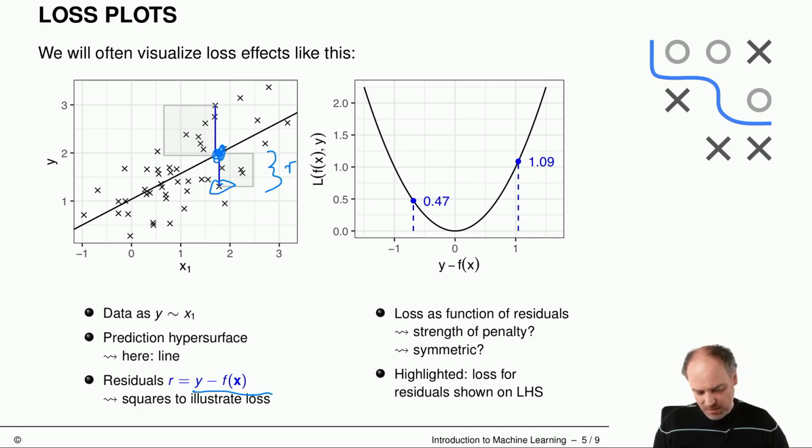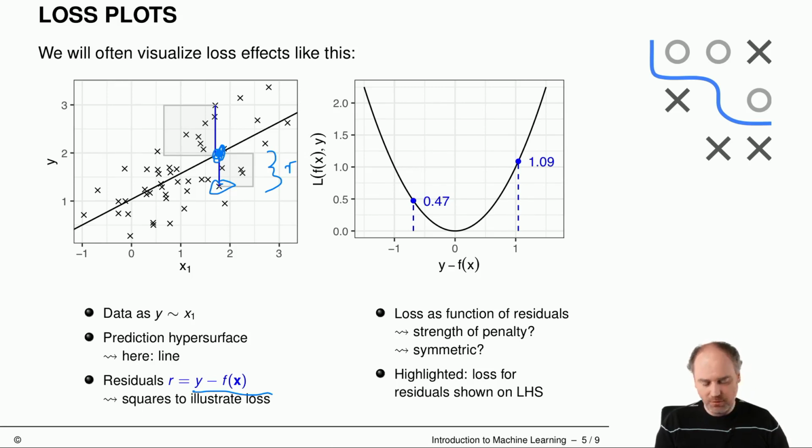A maybe more informative way to visually describe these loss functions is with these loss plots, where we put our residual on the x1 axis and the loss value L on the x2 axis, right?